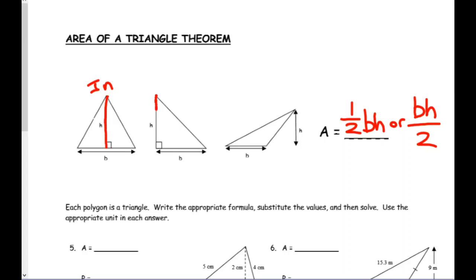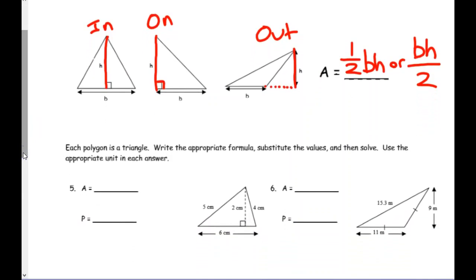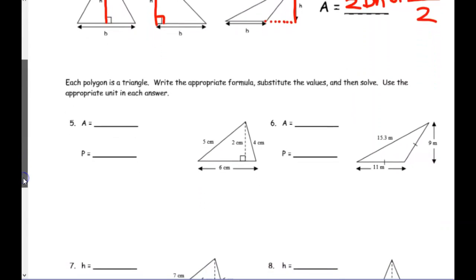The height can be on the edge if it's a right triangle. Or it can be outside if it's an obtuse triangle, okay? So either way, height is from the highest point straight down, and it makes a right angle, okay? So the area of a triangle theorem is 1/2 BH. So let's do that. On number 5, what's the base on number 5?